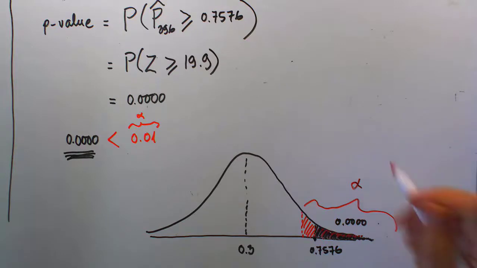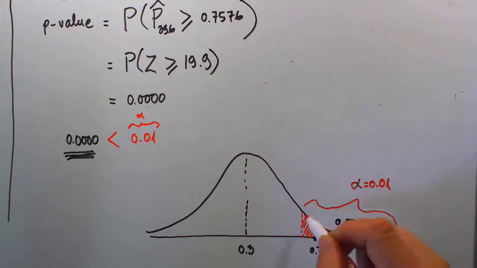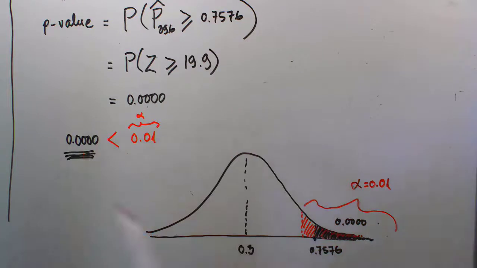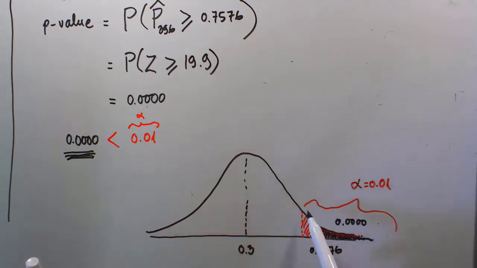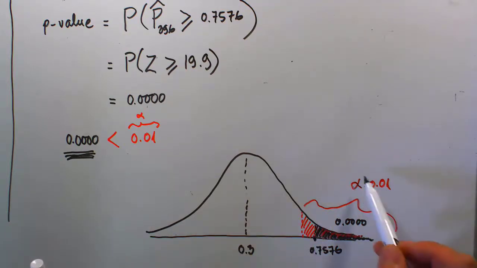So the significance level 0.01 is all that area in red, and our p-value is the area in black. But being the area in black as a direct comparison is once again smaller than the significance level, if we're drawing that on the picture, then the black area should be contained completely inside. That means our sample point has to fall within the unlikely area represented by the significance level on this bell curve.